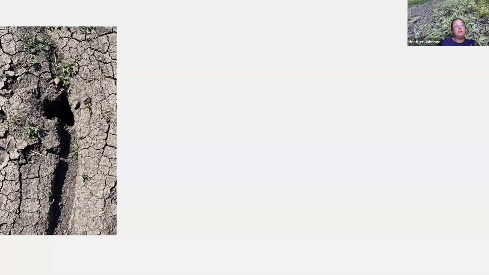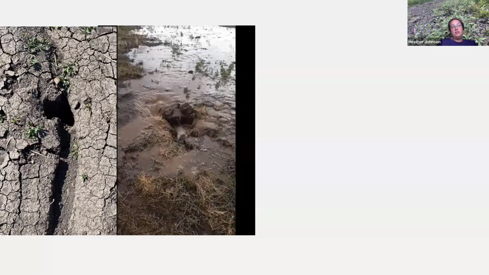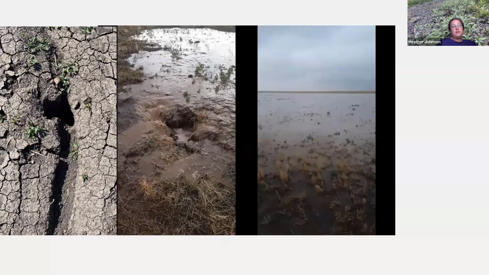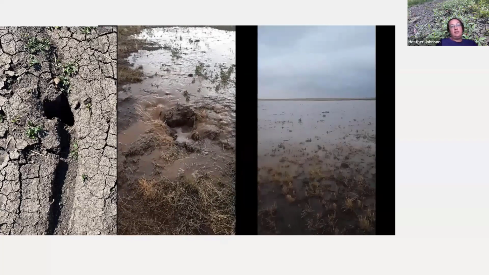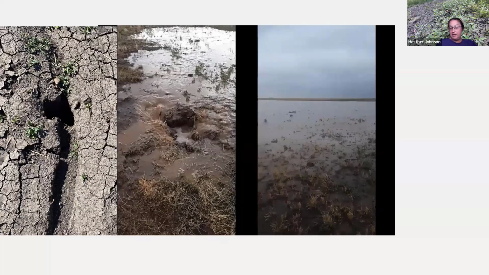All right, so I have some really cool animations. Here's that big crack that they talked about in the clay soil, and here's that water flowing in shortly after a rainstorm had started. Eventually that clay soil swells and you get some ponding, and wildlife comes to life with some amphibians there.